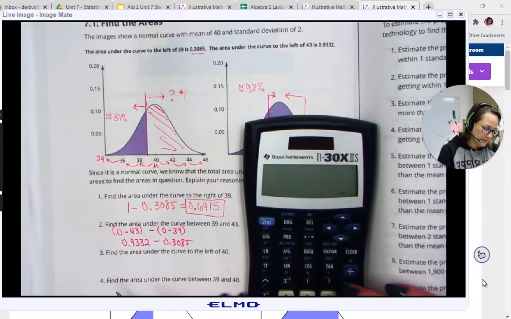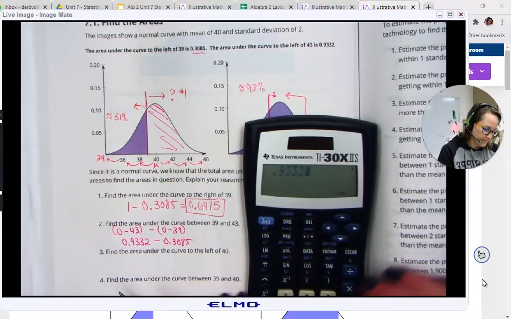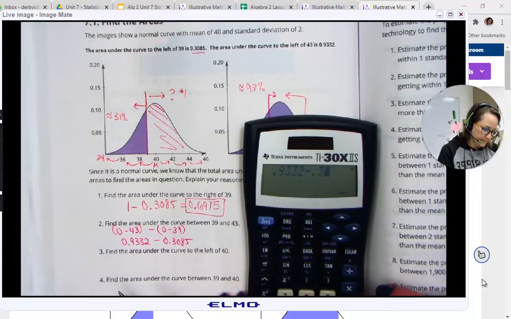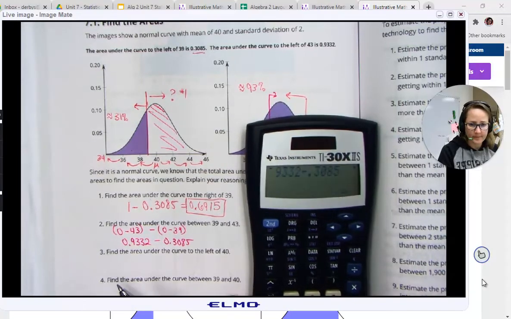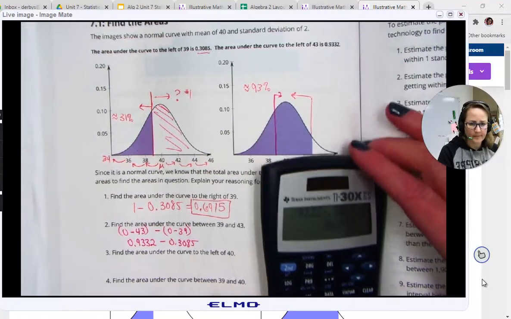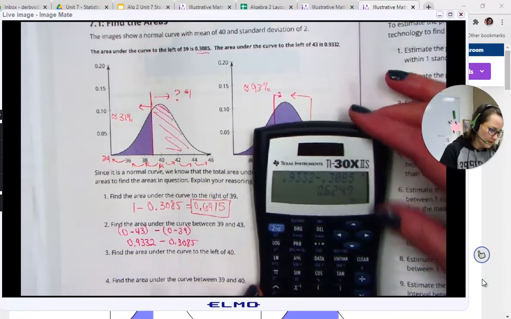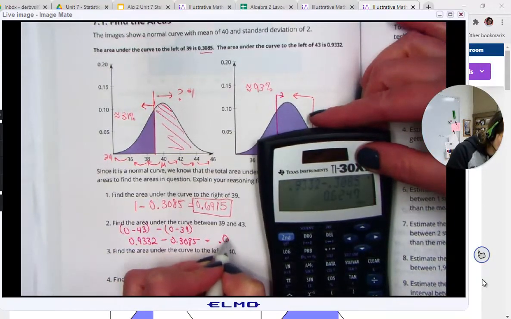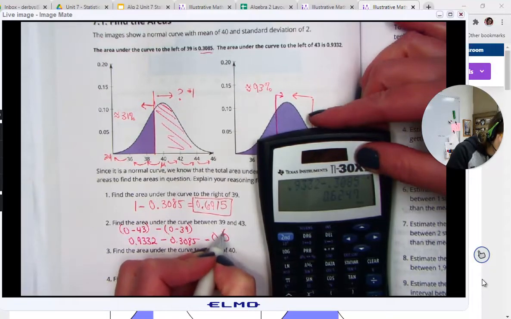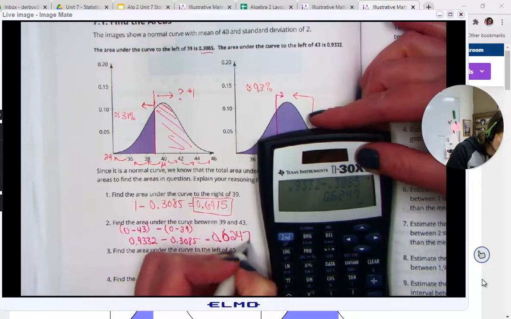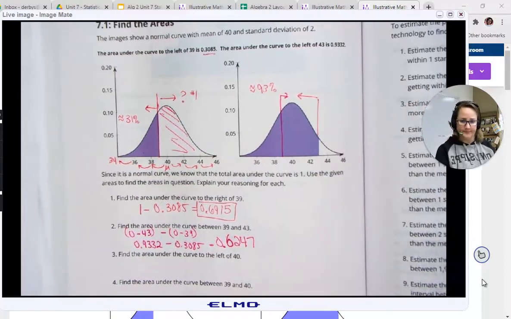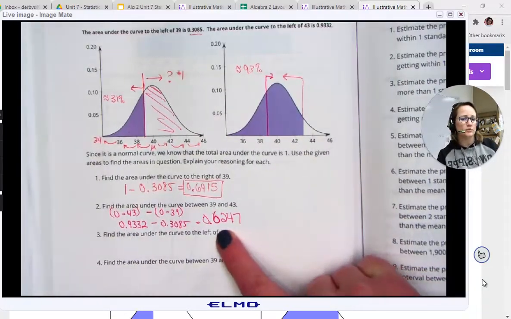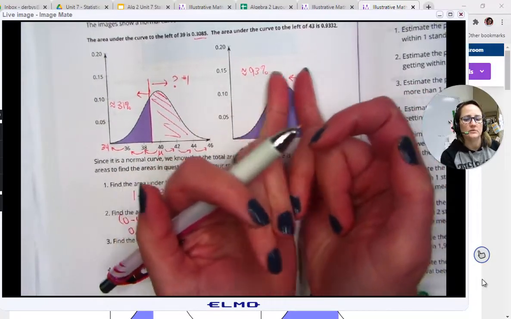Dear calculator. And I am finding that it is exactly 0.6247. So about 62% of that data is within this range.